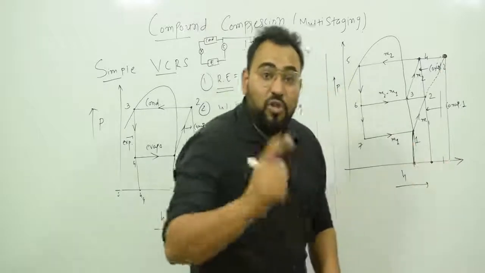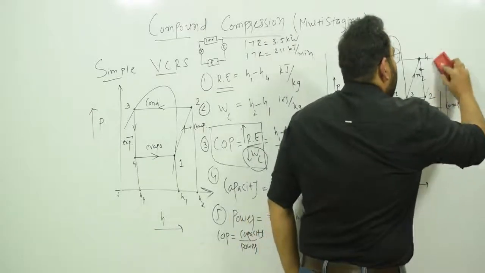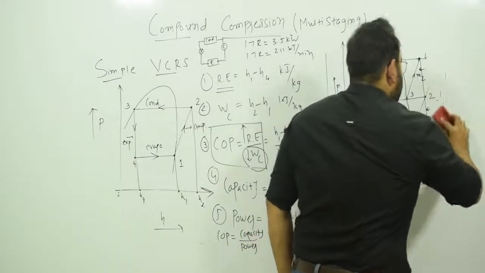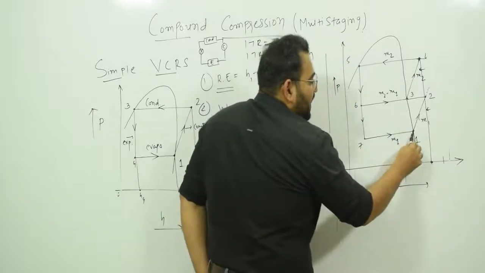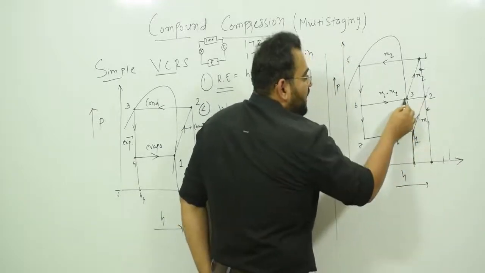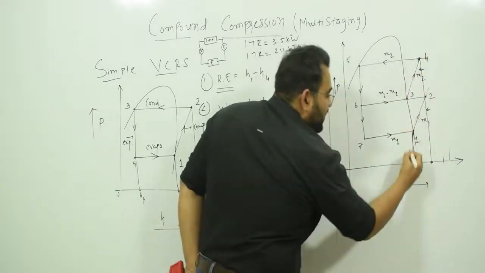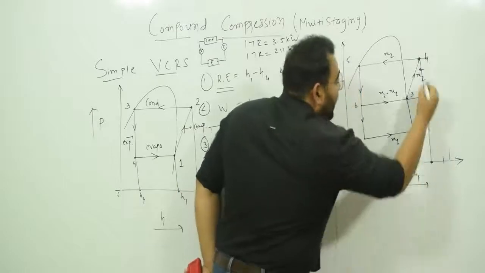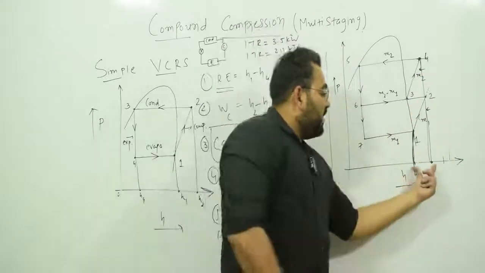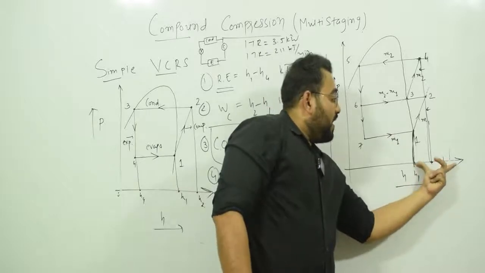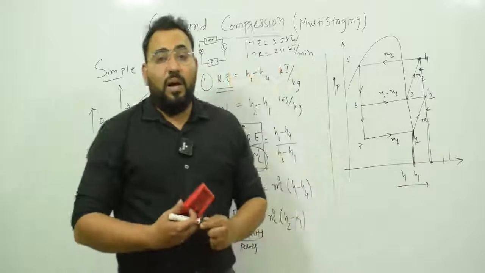But if I use more than one compressor, then in the first compression I will reach from 1 to 2, then I will cool, and then with the second compressor I will reach over here. So this will be my last point. This is the first point, H1, and this is the last point. So this much compressor work will be happening over here. So the compression work is reduced. This is the logic behind doing compound compression.